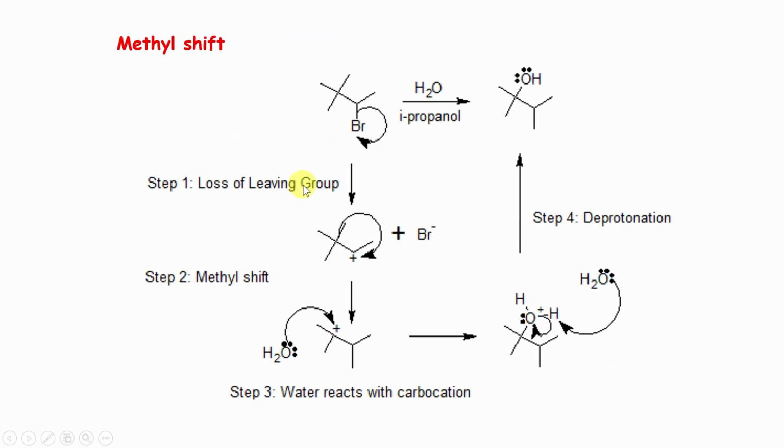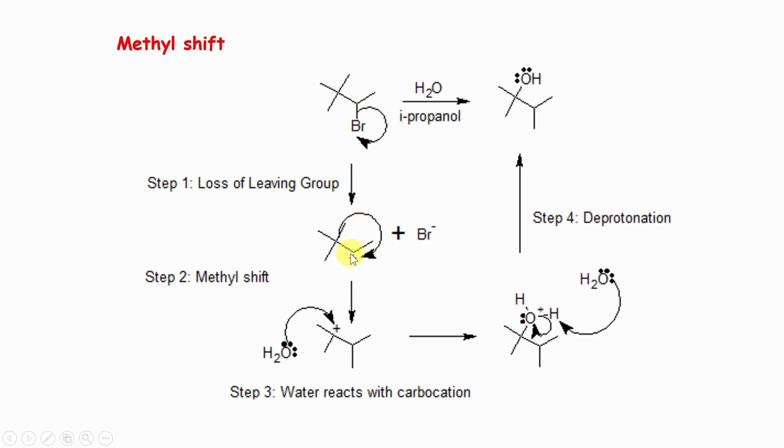This is an example of rearrangement containing methyl shift. This molecule, upon treating with water, which is a weak nucleophile, in presence of isopropanol, we get this alcohol. In the rate determining step, the leaving group bromide ion departed, forming a secondary carbocation.